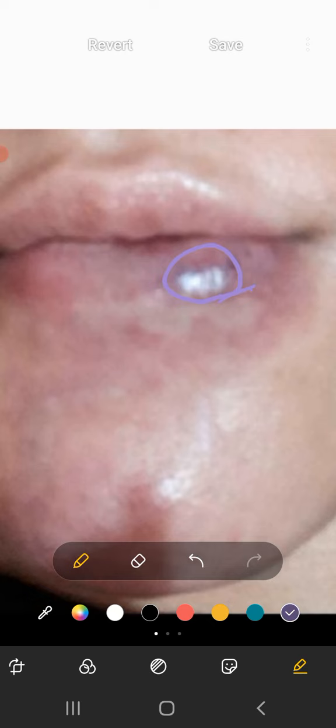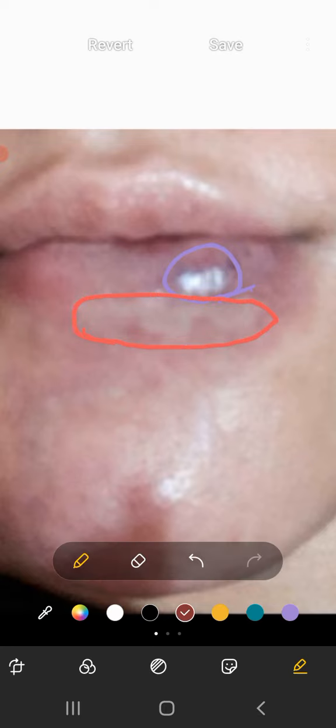The second clinical pattern that I need to talk about is a white or pale pattern. This part of the lip, referring to the alignment of the lower lip artery, as we talked about in our video before.